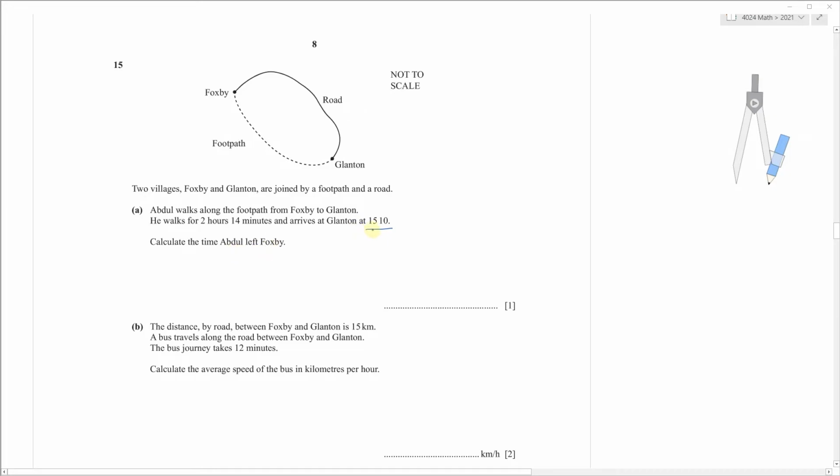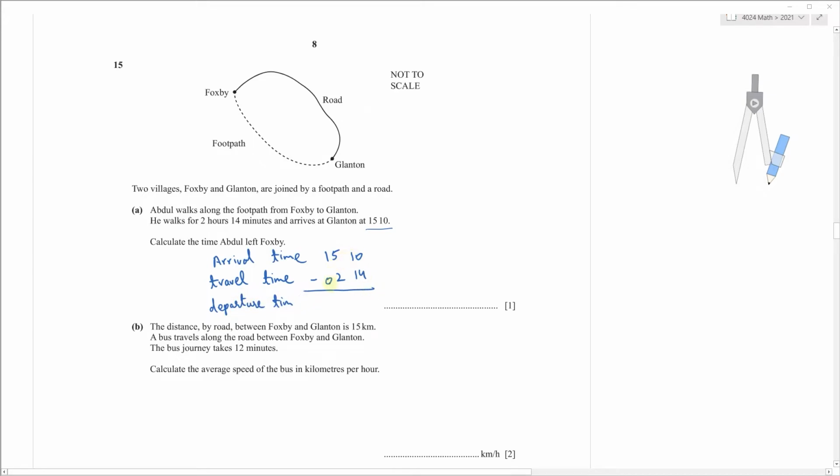So arrival time is 15:10, and travel duration is 2 hours and 14 minutes. So you subtract the travel time from the arrival time to get the departure time from Foxby.